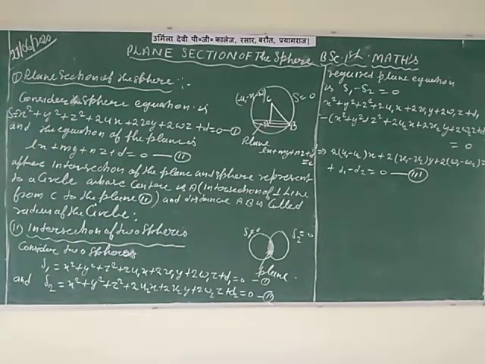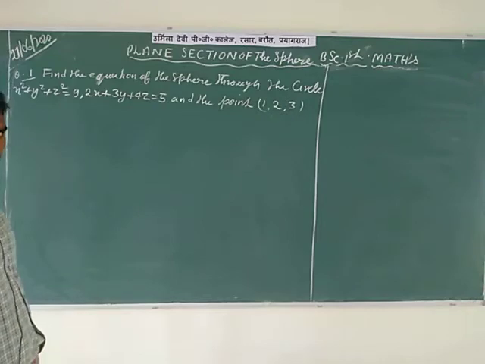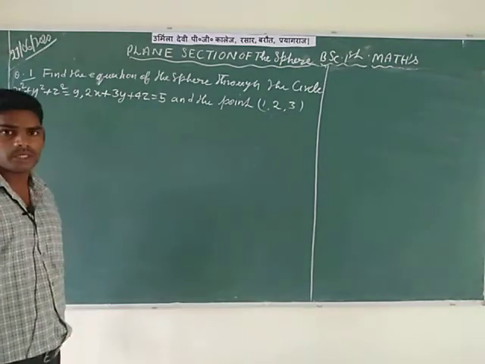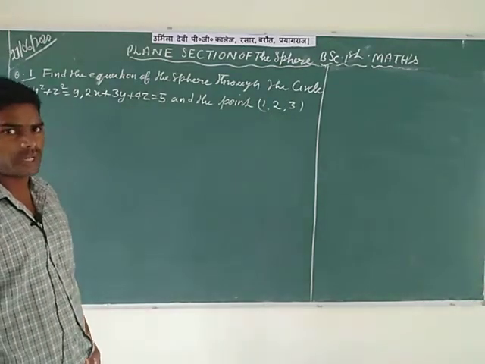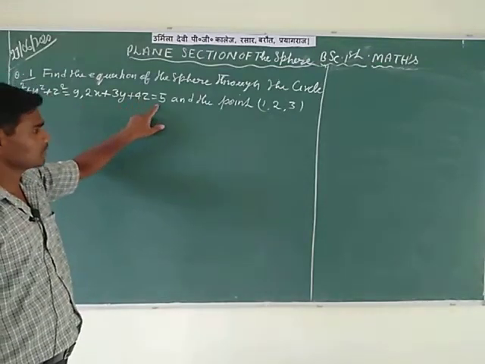First question is: find the equation of the sphere through the circle x square plus y square plus z square is equal to 9, 2x plus 3y plus 4z is equal to 5.